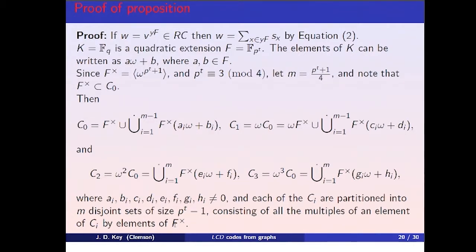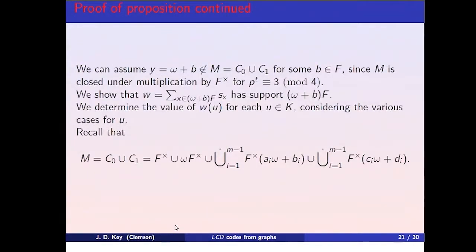Okay, so now I'm trying to prove that Y times F is in C perp. What does Y look like? We can assume it looks like the form omega plus some B in F, where B is not 0.